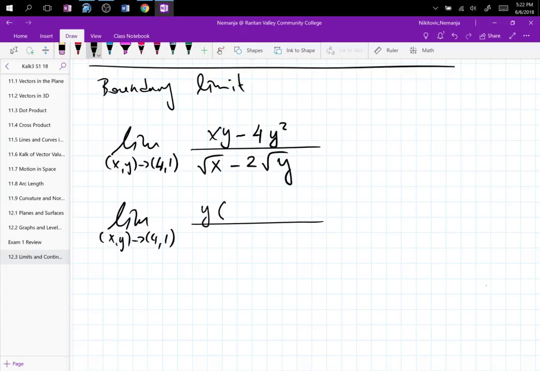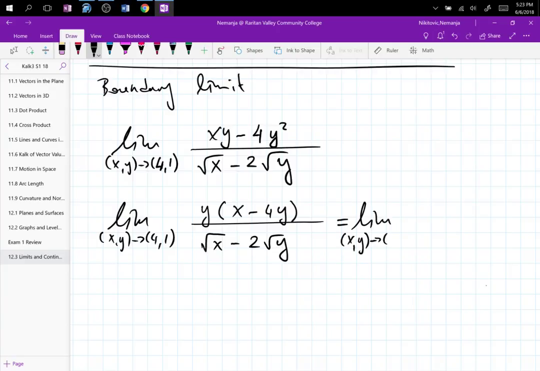Factor out y, and we have x minus 4y divided by root x minus 2 root y. I factor out y in the numerator. And now we are going to factor the numerator further.